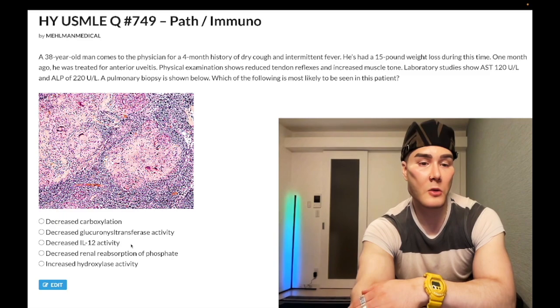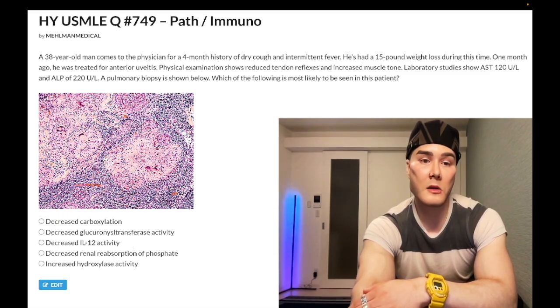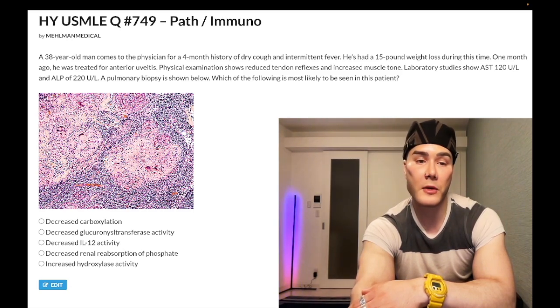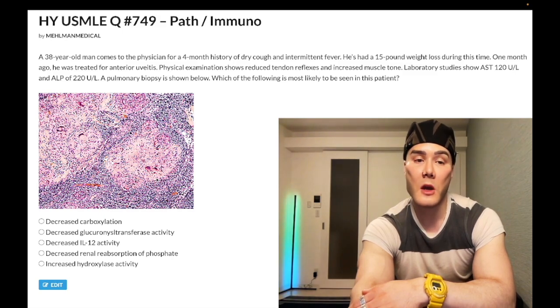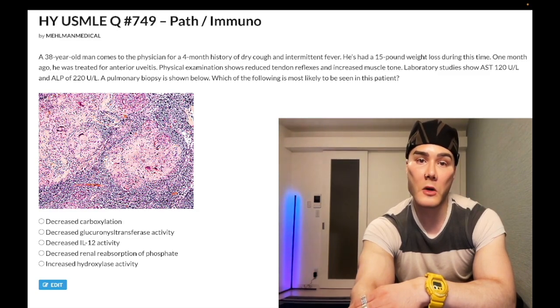Choice C, decreased IL-12 activity, wrong answer. And we know it's wrong because this image here is showing us non-caseating granulomas of sarcoidosis. And granulomas are histiocytes, which are activated macrophages that will congregate, coalesce, and form multinucleated collection known as a granuloma.